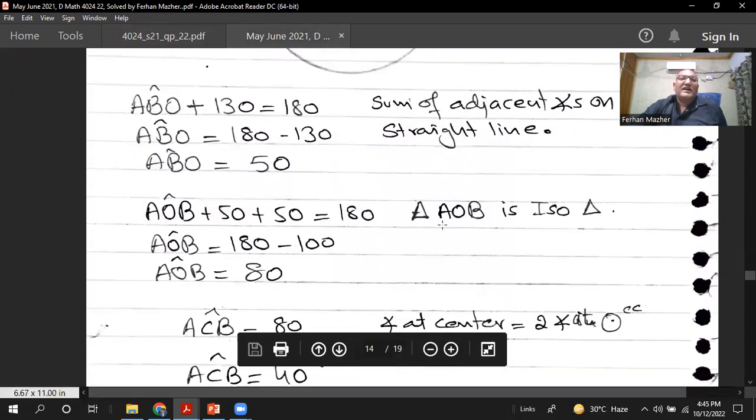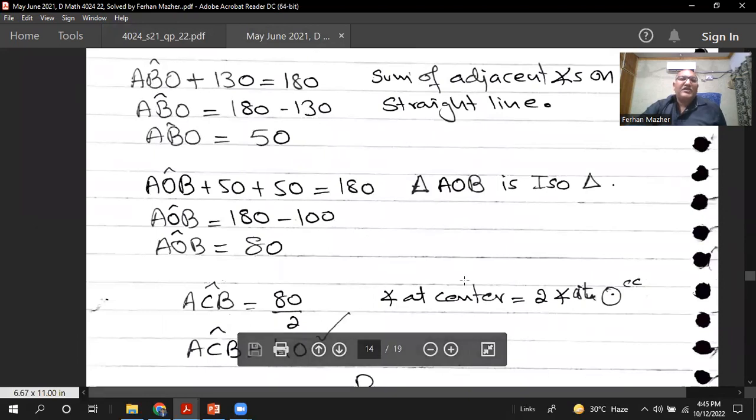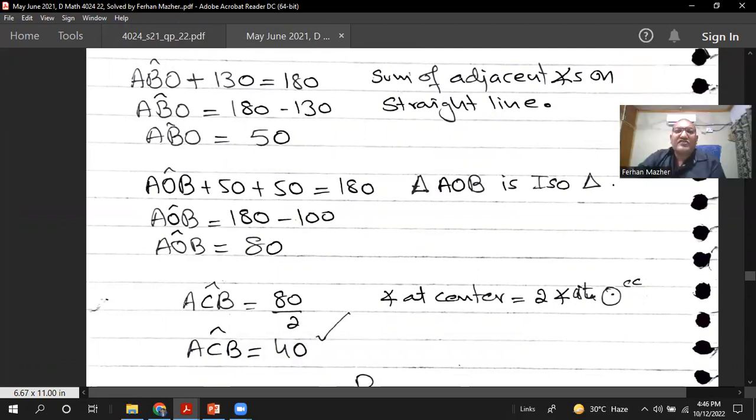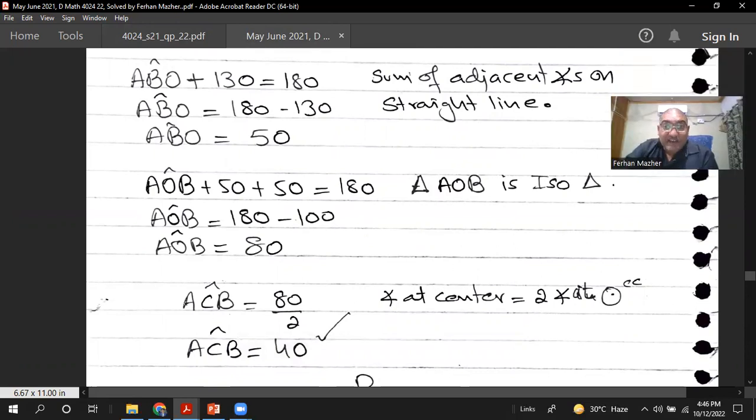ABO plus 130 is equal to 180. The reason is the sum of adjacent angles on a straight line is 180. So ABO is 180 minus 130, so ABO will be 50.